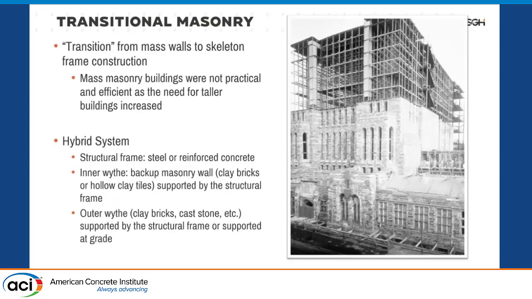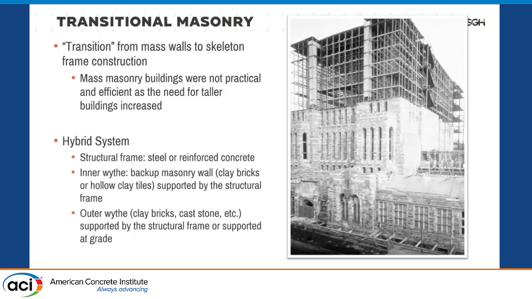This photo shows a construction of the transitional masonry. It's an old photo. It's a type of construction, as I said, that's typical in many cities of the United States. And it's called transitional because it corresponds to a period of time where the building construction was transitioning from the mass masonry to the skeleton frames that we know now.